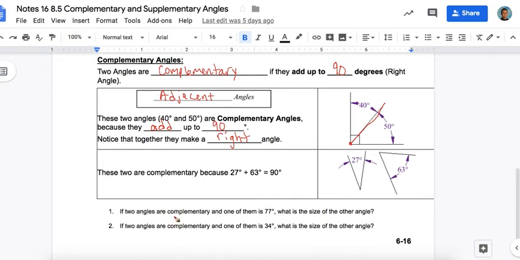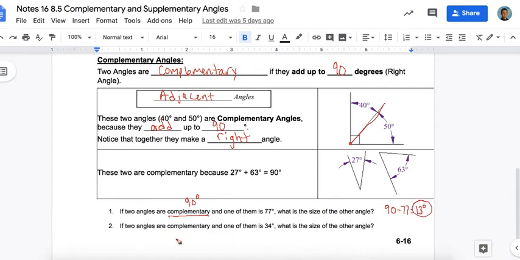Okay, at the bottom, if two angles are complementary, meaning they add up to 90 degrees, and one of them is 77, what is the other missing angle? So we could do 90 minus 77, and that will give us 13 degrees.